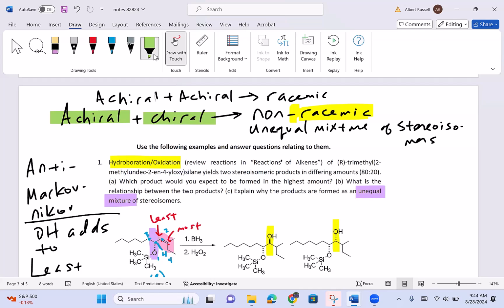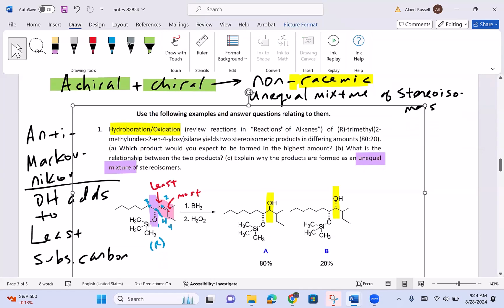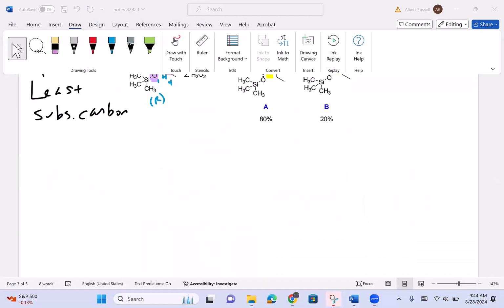Okay. So what would the mirror image of A look like? I see Kaylee in the chat. Good. Only one of the chiral centers is changed, not both. What would the mirror image look like?